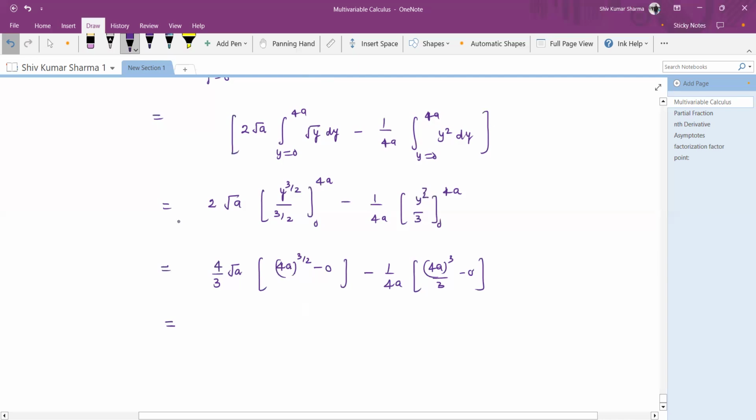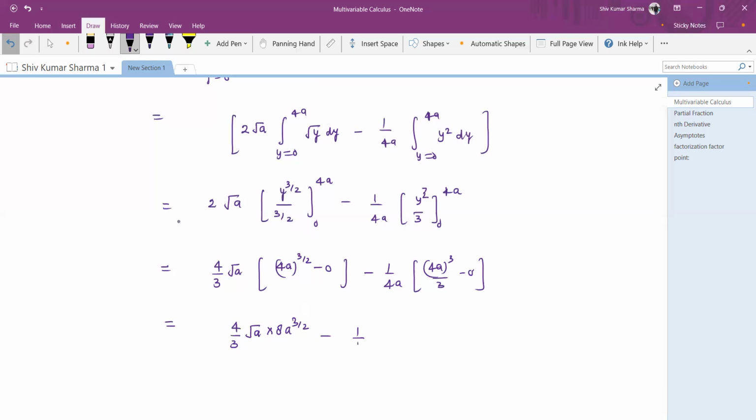So this equals 4 upon 3 into root a, and 4 raised to the power 3 by 2, that is 4 to the power 3 by 2 equals 8, into a raised to the power 3 by 2, minus 1 upon 4a. So the 4a will be cancelled.